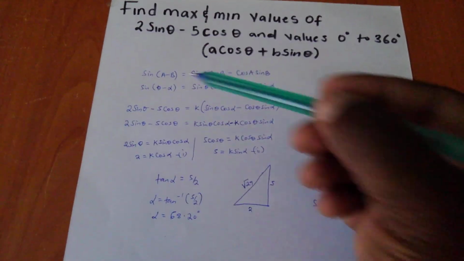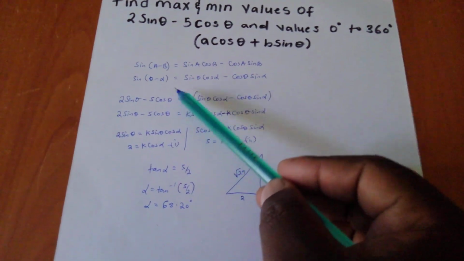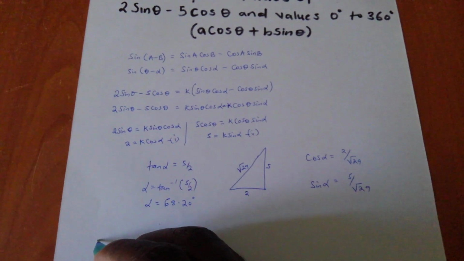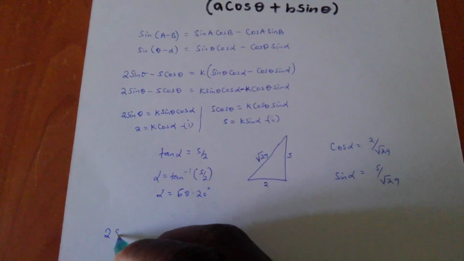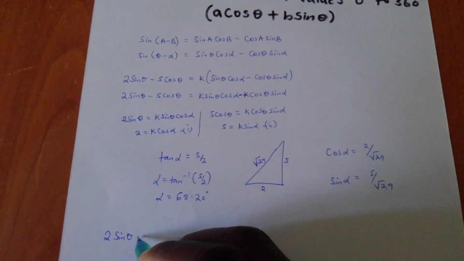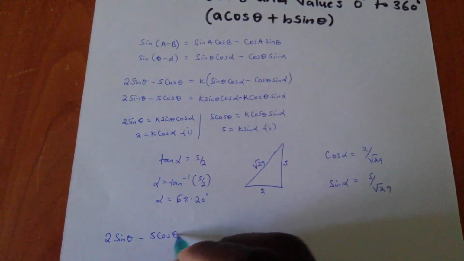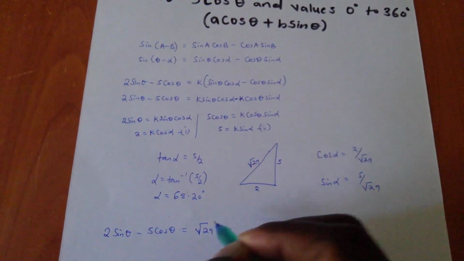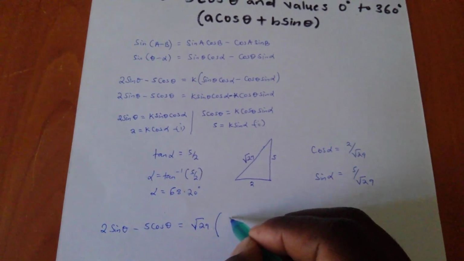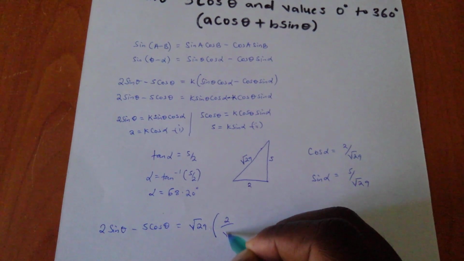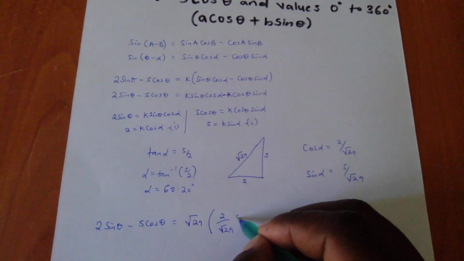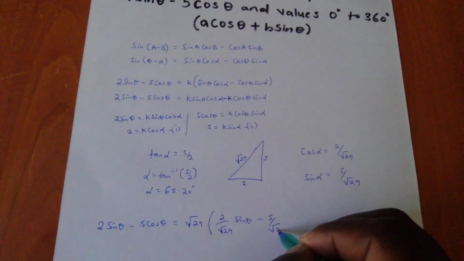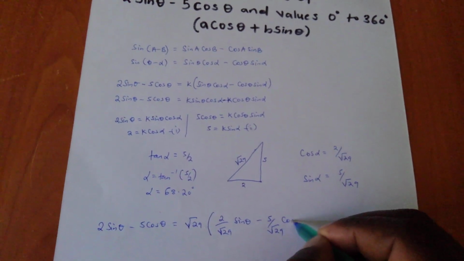Now I'm going to bring this original one, and since I have the k, I'm going to replace it. So I have 2 sine theta minus 5 cos theta equal to root 29 into 2 over root 29 sine theta minus 5 over root 29 cos theta.